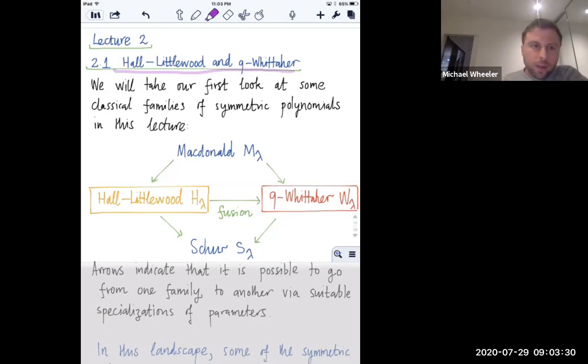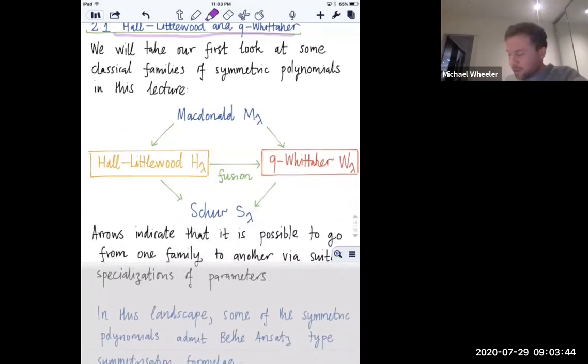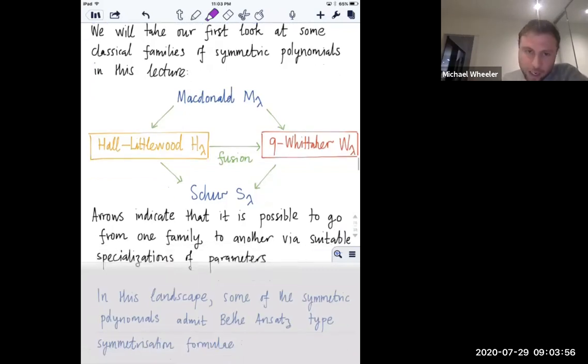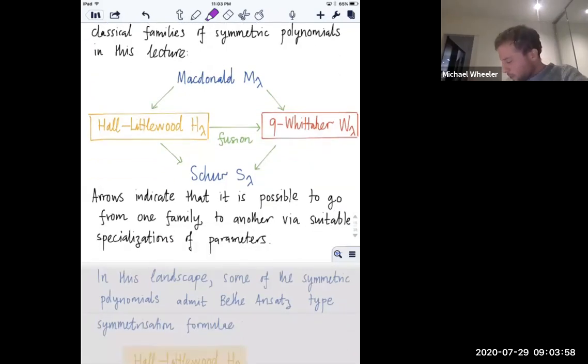And I hope that people who are accessing the chat can possibly put good references in there if you happen to know of any. Of course, in all instances, the first reference for any of this kind of stuff should be McDonald's book on symmetric functions and whole polynomials.